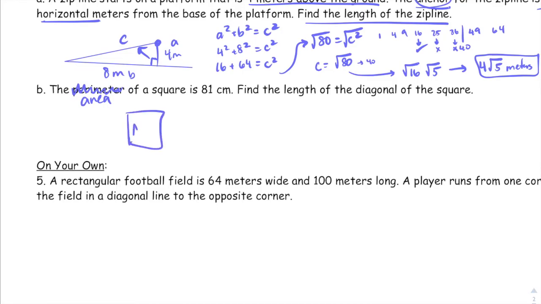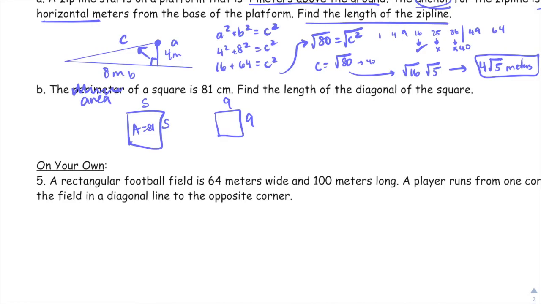A equals 81. What does each side length represent? Well, area is side times side, right? So what two numbers, when I multiply them, will give me 81? I know that my square is going to have 9 and 9 for my side.